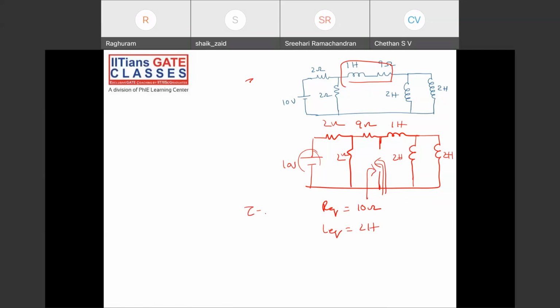So time constant tau is L by R or L equivalent by R equivalent, which is 1 by 5, or 0.2 seconds.